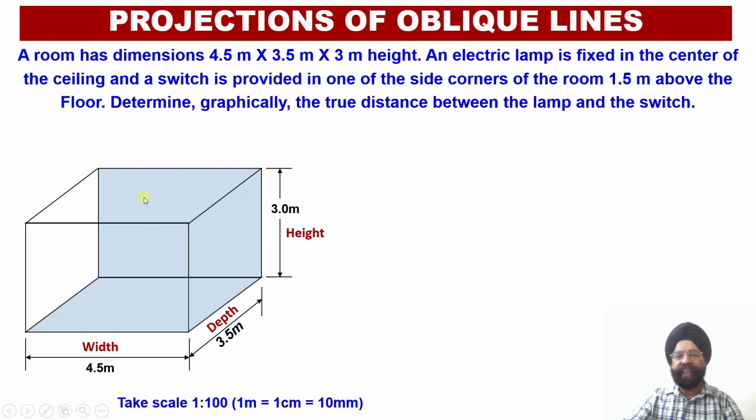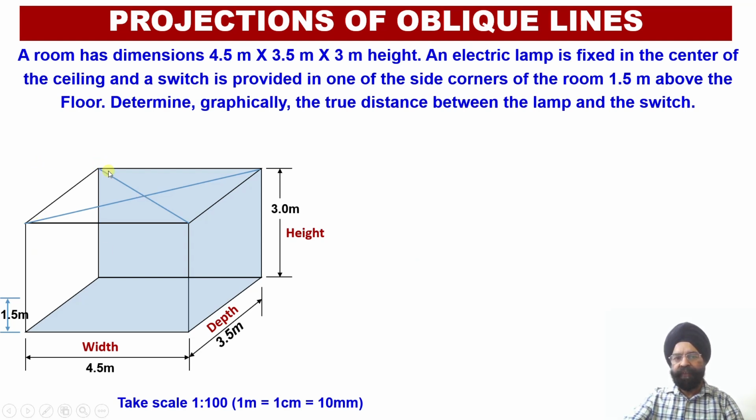So at the center point a lamp will be installed, and this lamp is connected to a switch which is located on the leftmost corner of this particular room, 1.5 meters above the floor. Here the center point of the ceiling or the top of this room has been located.